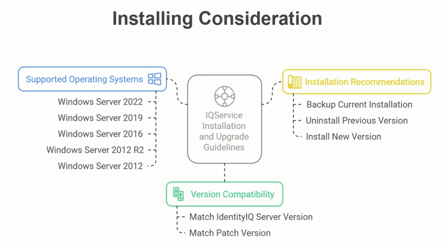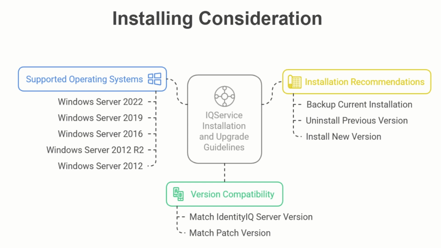Then the version compatibility. Let's say you are installing SailPoint as a fresh installation, then each package will have an IQ service folder inside bin. And if you are upgrading or going for a patch, you need to consider the IIQ upgrade or fresh installation as well.